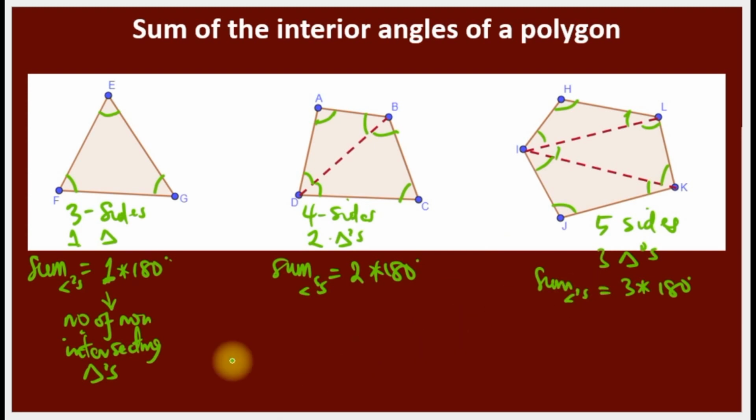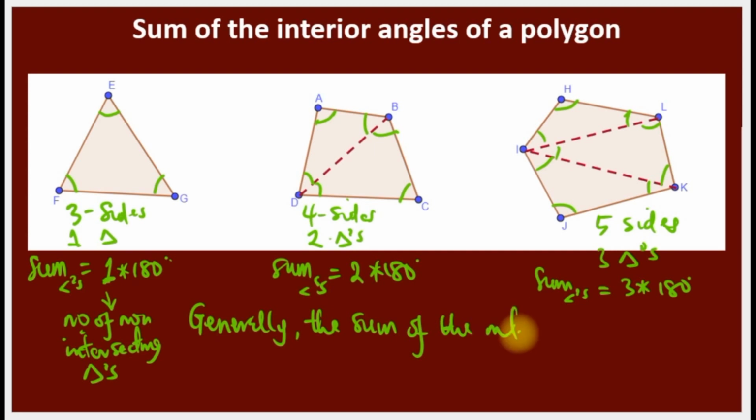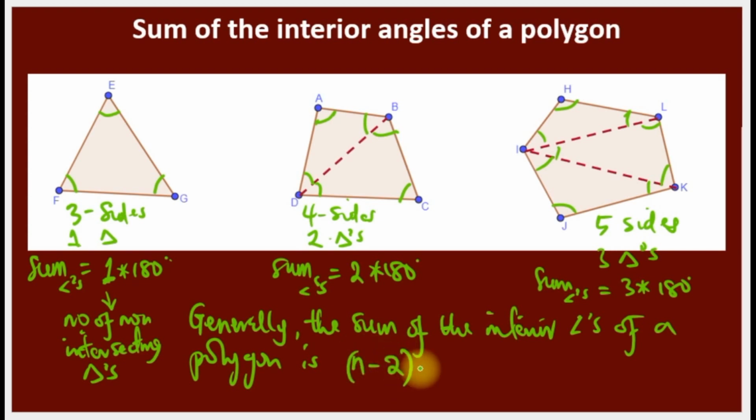From here, we can deduce another formula, a general formula. Generally, the sum of the interior angles of a polygon is equal to n minus 2, that is the number of non-intersecting triangles, times 180.